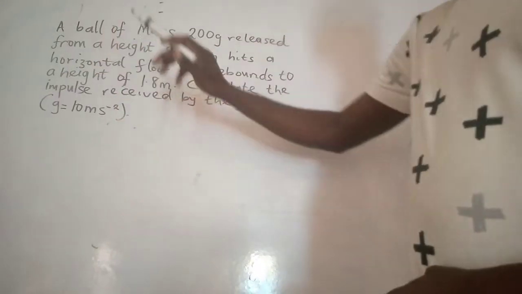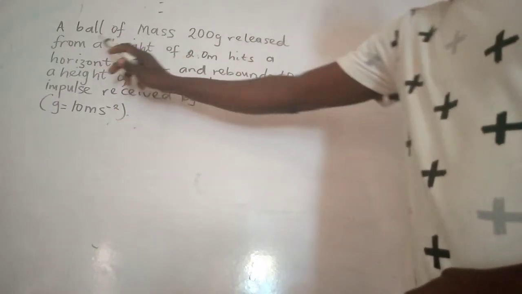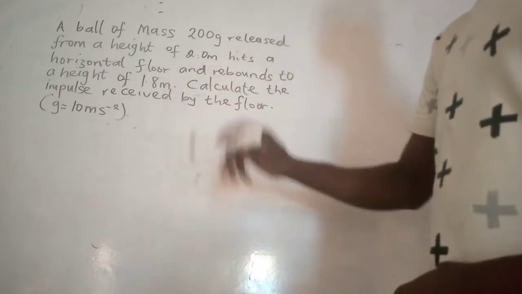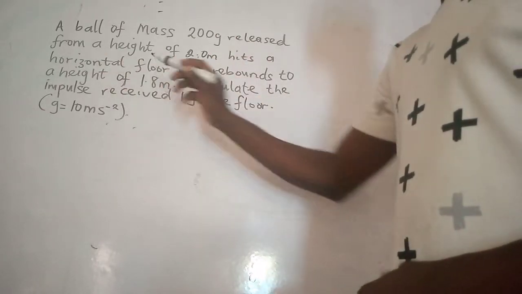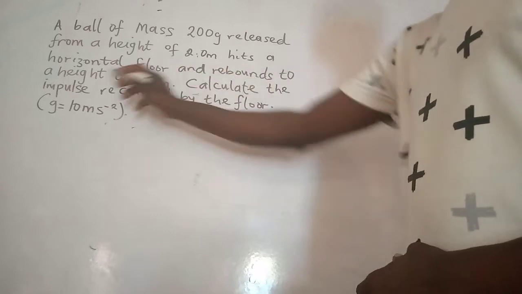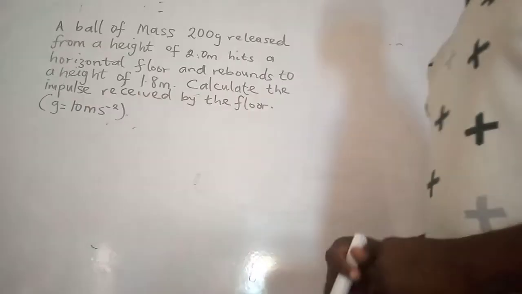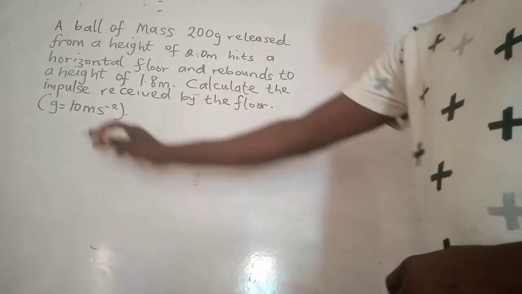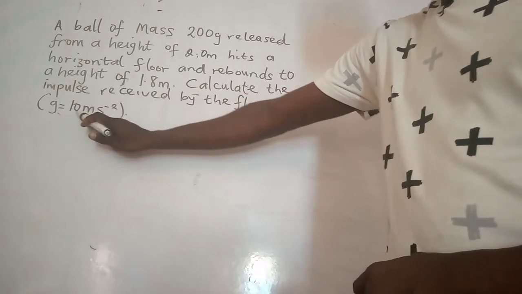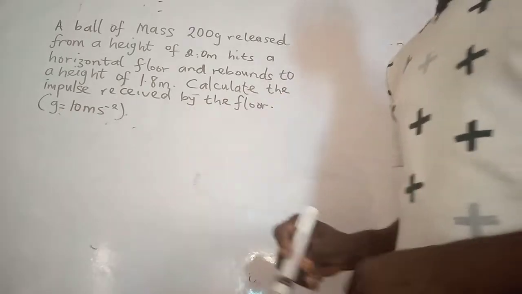A ball of mass 200 grams released from a height of 2.0 meters hits a horizontal floor and rebounds to a height of 1.8 meters. Calculate the impulse received by the floor. They were asked to take the value of acceleration due to gravity as 10 meters per second squared.